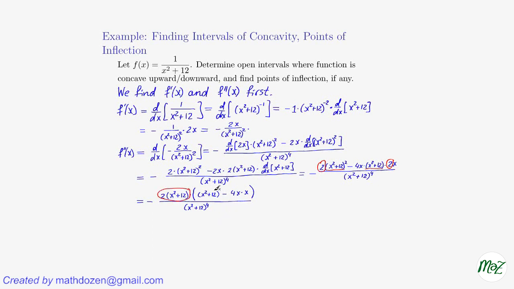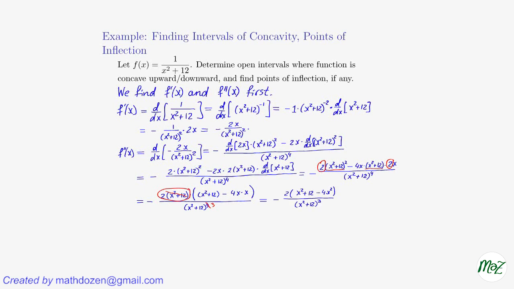What will be left? There will be x squared plus 12 left out of the first term. Then there is 4x and x left out of the second term. So we're good there. Now, once we have that, we go ahead and cancel x squared plus 12, and one of those x squared plus 12 there. So there is only the third power left.